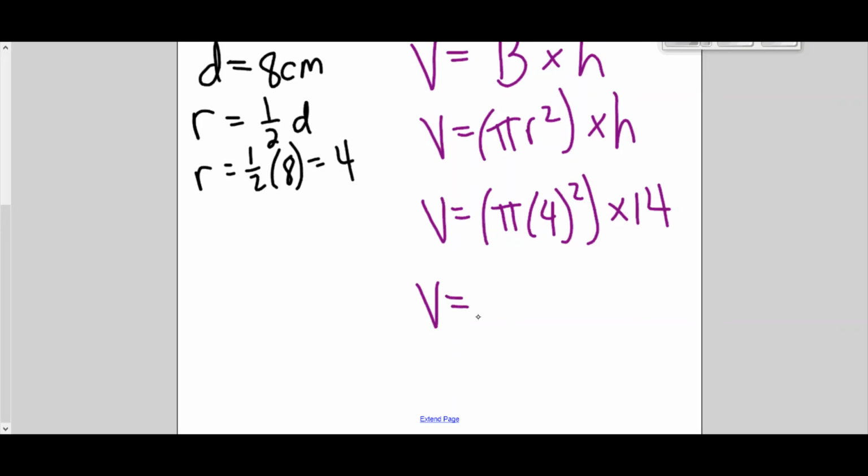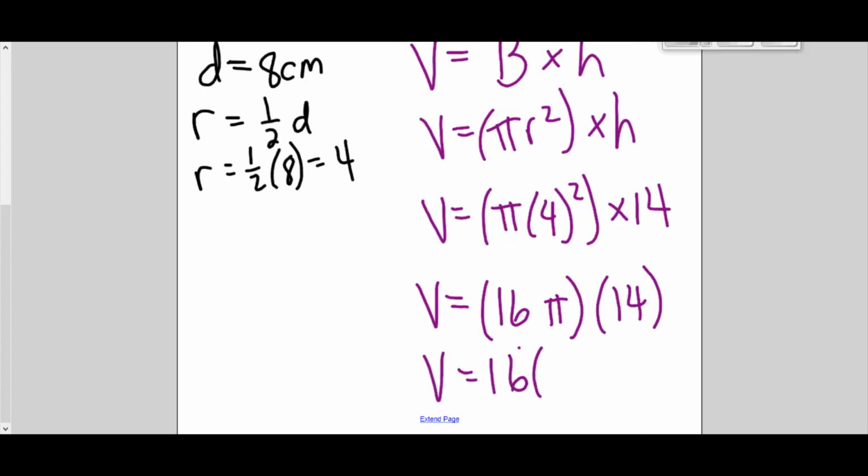So the volume is going to be 4 squared is 16. So I'm going to write 16 pi times 14. If we plug in our value for pi, remember pi is 3.14, it's going to be 16 times 3.14 times 14.